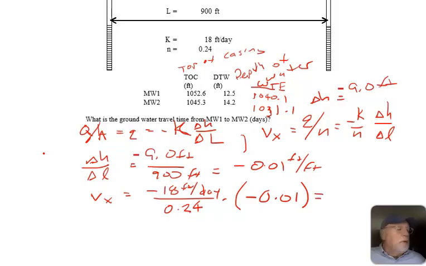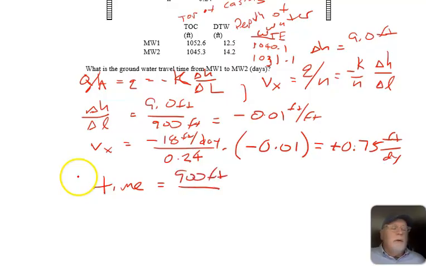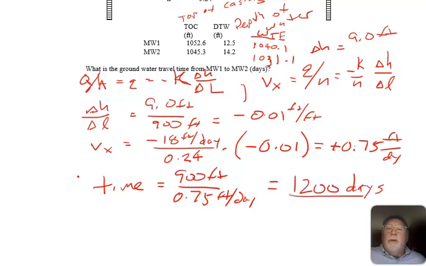So that equals, not minus, plus, because they cancel out, right? 0.75 feet per day. So then the time it takes to go 900 feet equals 900 feet it has to go divided by 0.75 feet per day, equals 1,200 days. It's a long time.